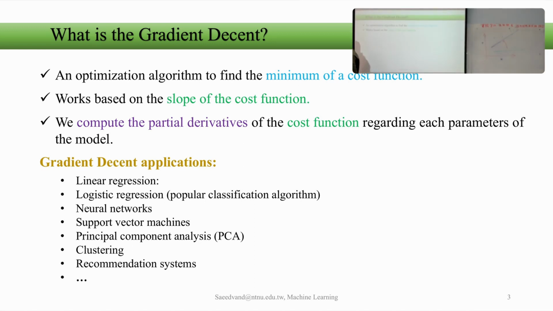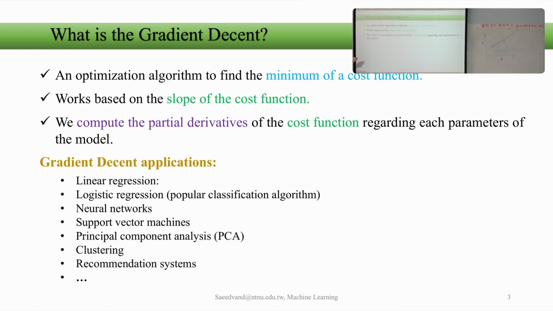That's called optimization, and we can have a maximization problem or a minimization problem. In this case, we want to minimize the error of the model that we have, and this is called gradient descent. So in order to do this, what should we do?